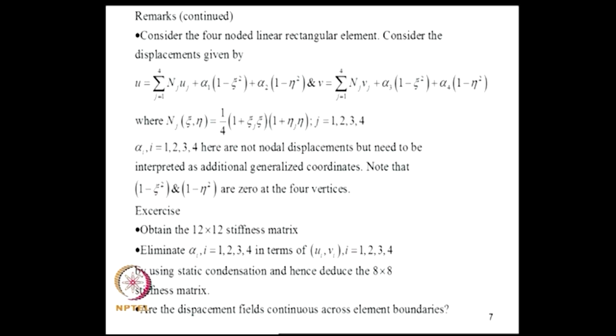Now, the exercise being suggested is to use the energy expressions and obtain the 12 by 12 stiffness matrix, and eliminate these alpha 1, 2, 3, 4 in terms of the nodal degrees of freedom using static condensation and obtain an 8 by 8 stiffness matrix. And also examine whether the displacement fields are continuous across the element boundaries. So, this exercise can be carried out.